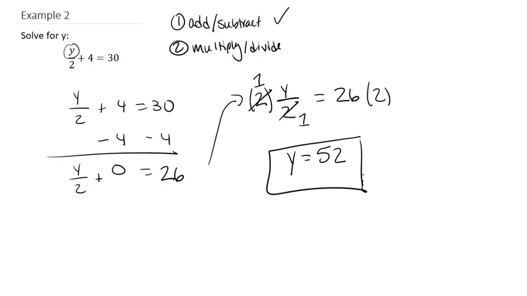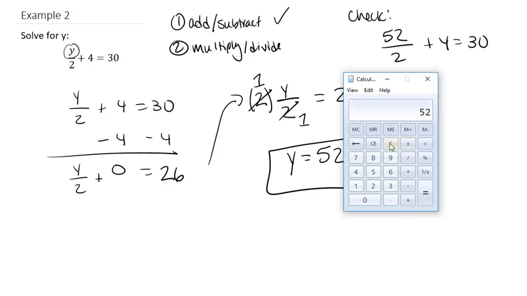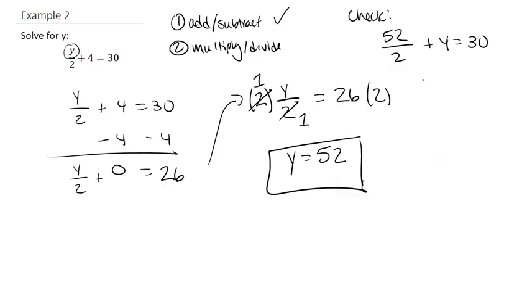And if you're not sure if we did this right, we can plug this in. So we have to check: 52 divided by 2 plus 4 is equal to 30. So 26 plus 4 is equal to 30. And so this checks out.